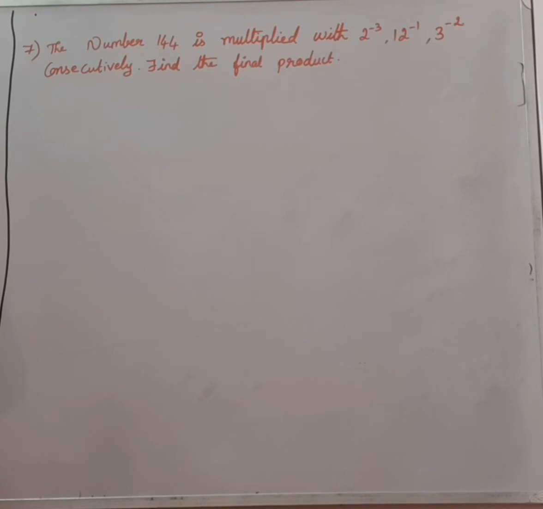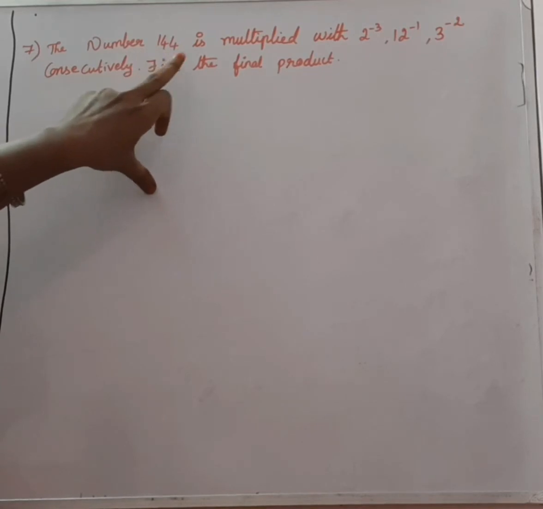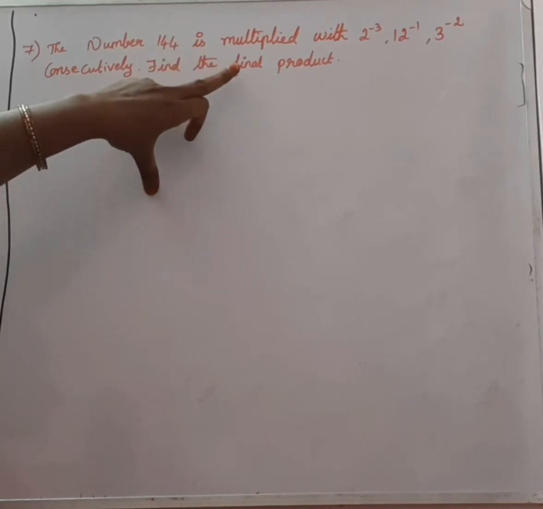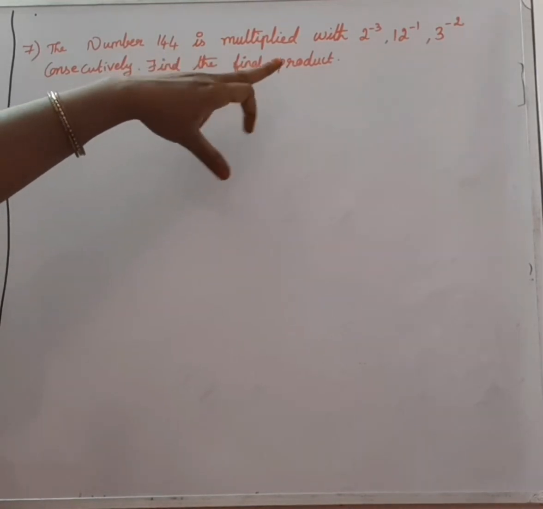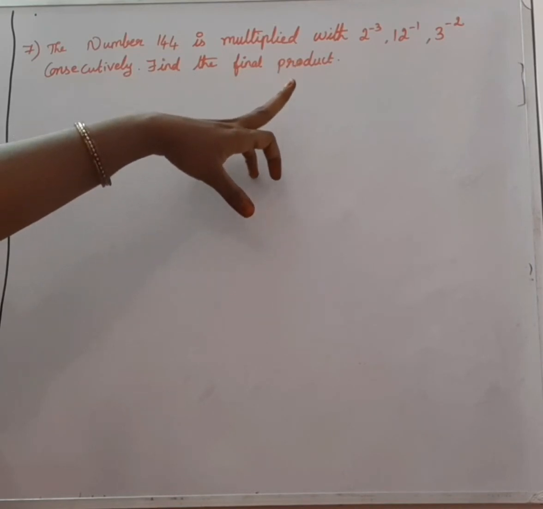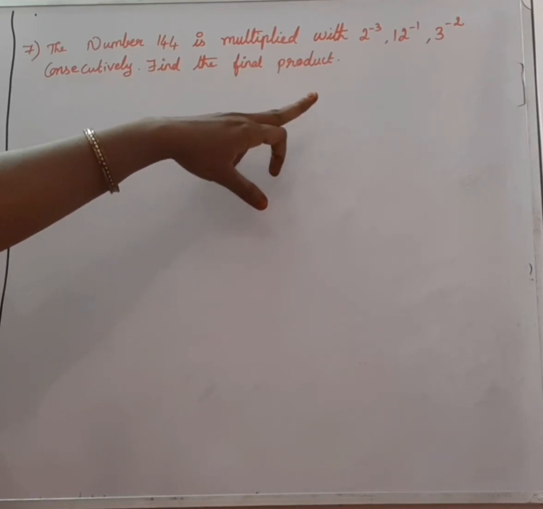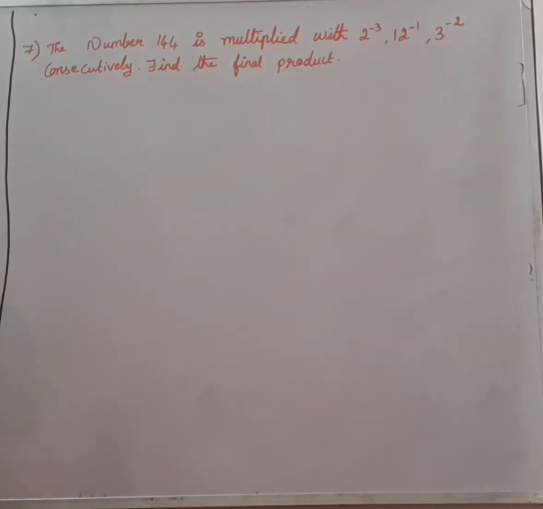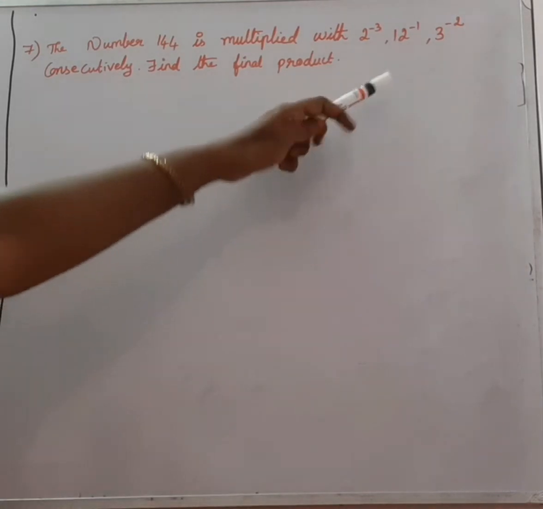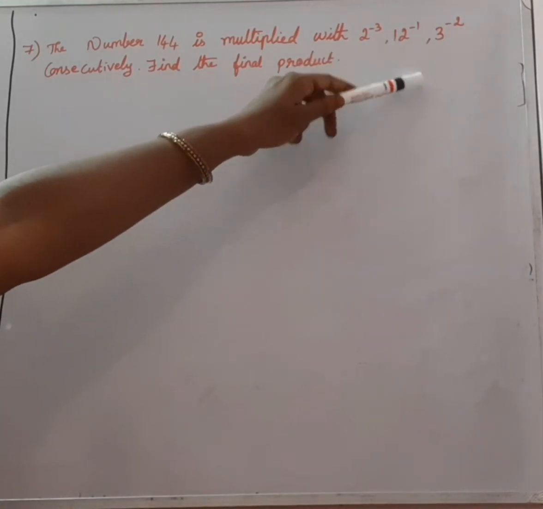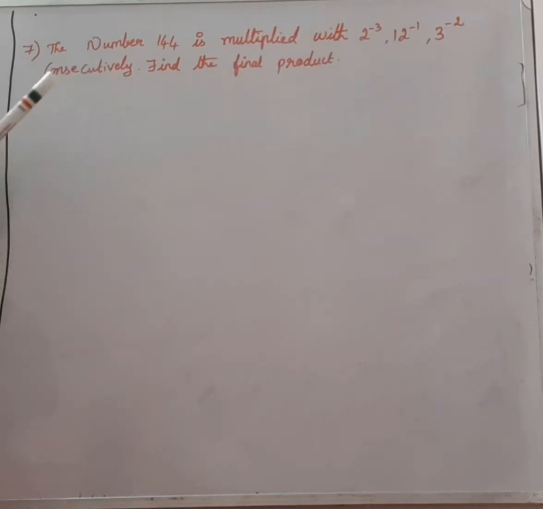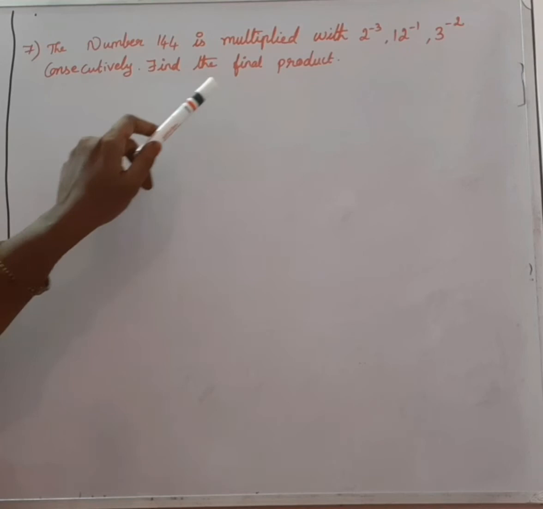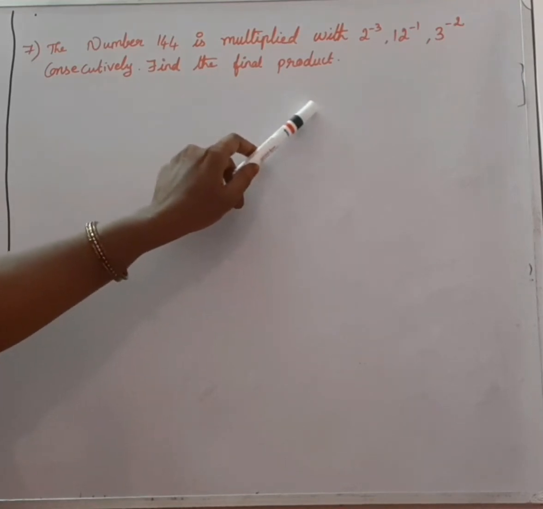The seventh question is: the number 144 is multiplied with 2 power minus 3, 12 power minus 1, 3 power minus 2 consecutively. Find the final product.